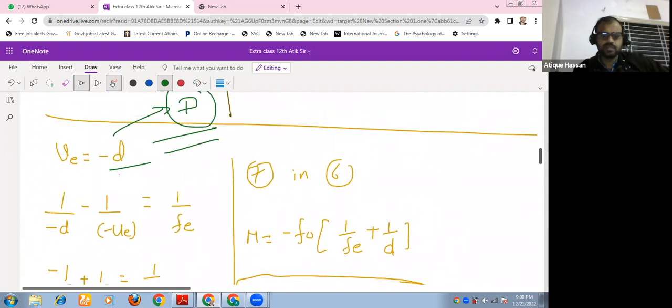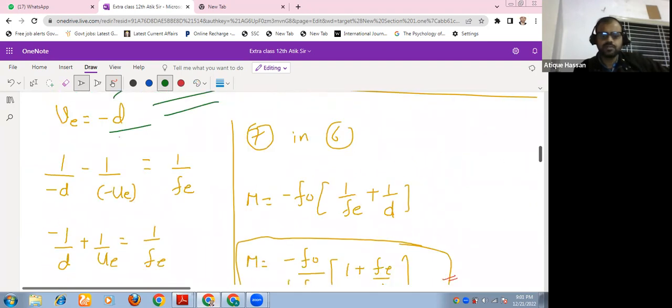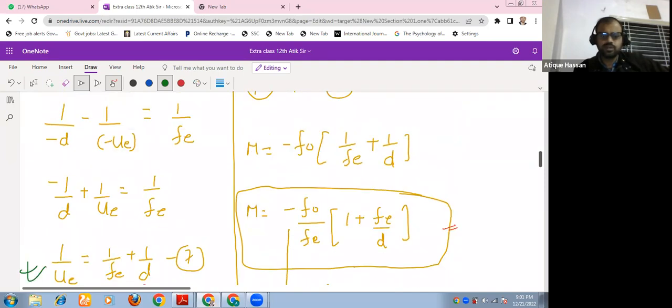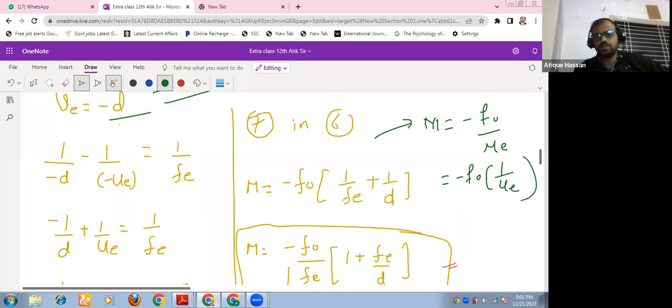So then we can find the magnification from this formula. We have to put the value of UE. Actually the magnification was minus F naught by UE. So you can also take it like minus F naught times 1 by UE, right? So you put the value of 1 by UE, which is this, 1 by FE plus 1 by D.